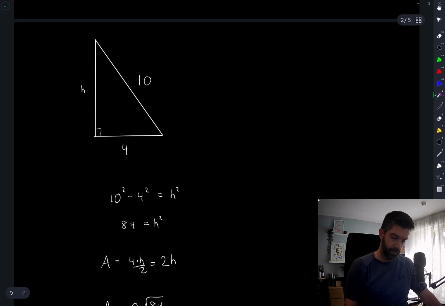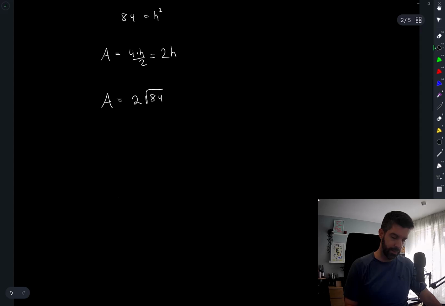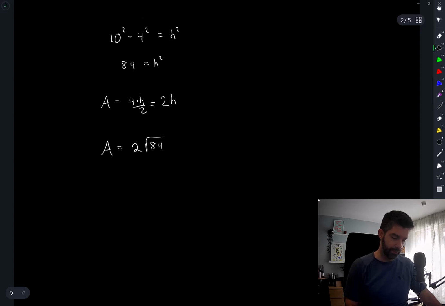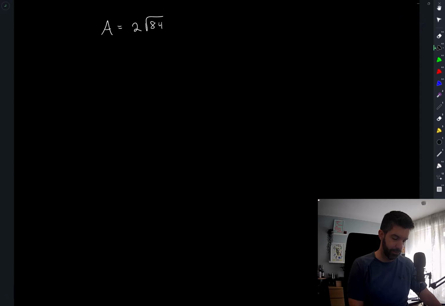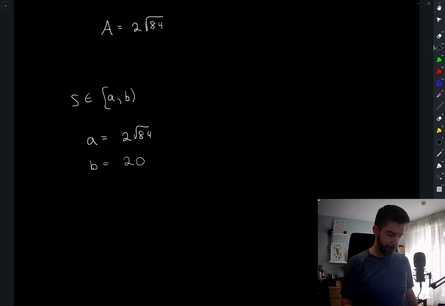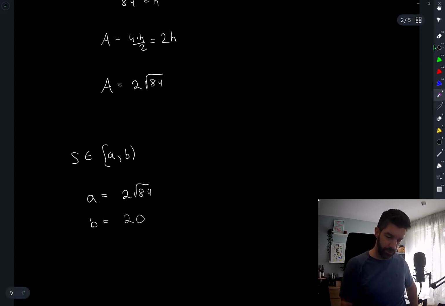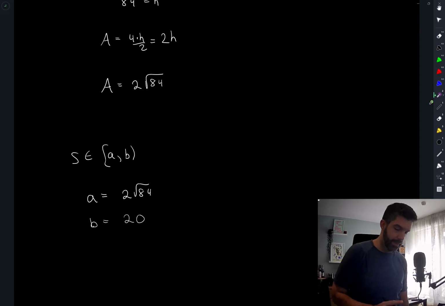So the key here is s must be in the interval a to b as specified in the problem if we want only one triangle to satisfy these conditions, where a is equal to 2 root 84 and b is equal to 20. Let me go through this logic again.